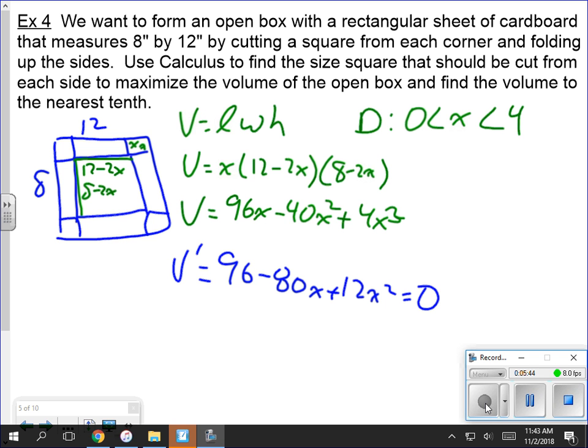The second coefficient, negative 80. And the third coefficient, 96. And hit solve, and I get 2 answers. x equals 5.097 and x equals 1.569.